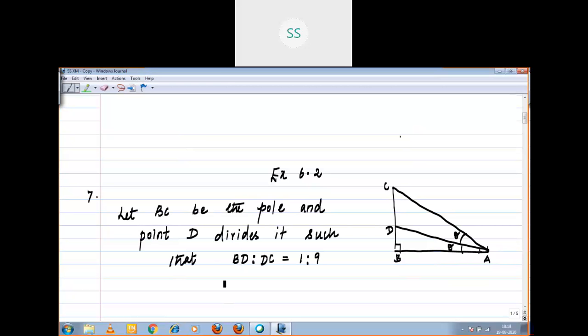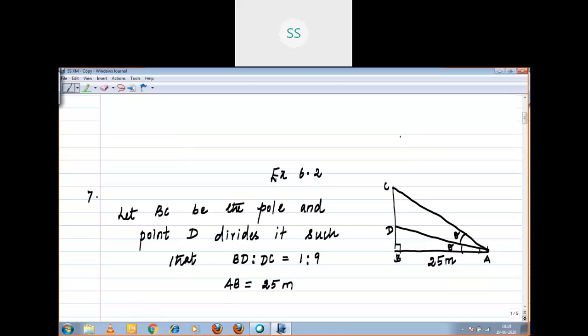It is given in your question, right? Then the length of AB, the distance between the point A and B, is given as 25 meter. The distance between the bottom of the pole to the point is 25 meter.